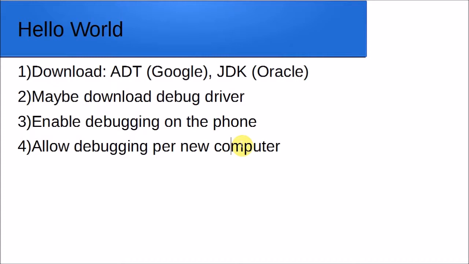If you move from computer A to computer B, you have to say yes, this computer can hook up to my phone. And if you move back to computer A, you still have to say yes, this computer is safe. It doesn't remember which computer is safe or not. Every time you change computers, a dialog box will pop up on your phone asking for your permission.